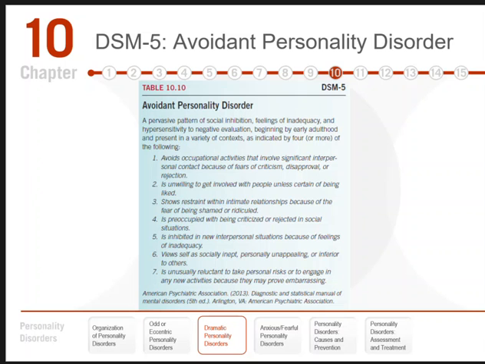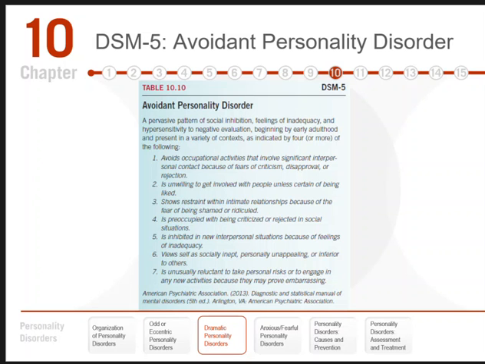Avoids occupational activities that involve significant interpersonal contact because of fears of criticism, disapproval, or rejection. So this is specifically avoiding kinds of relationships; you have to differentiate between some of the others, for instance, schizoid.